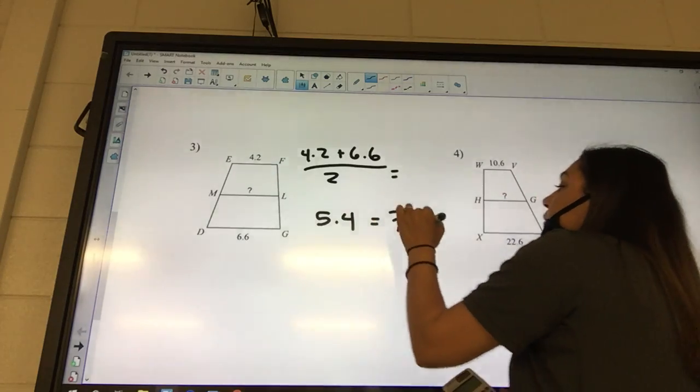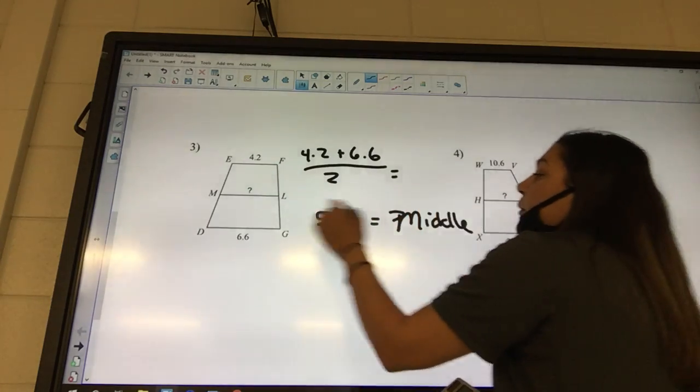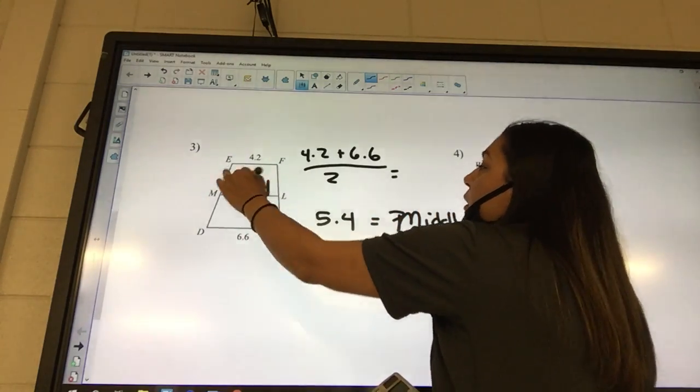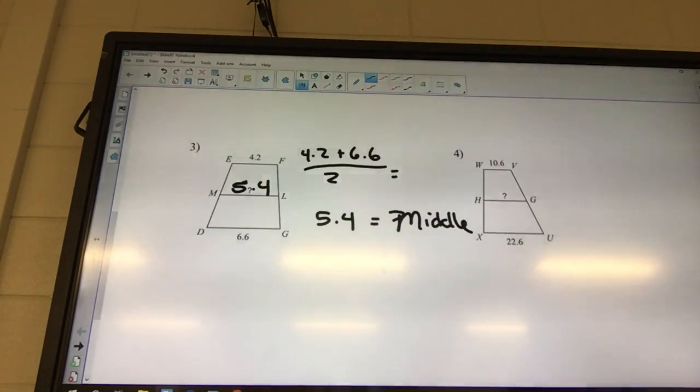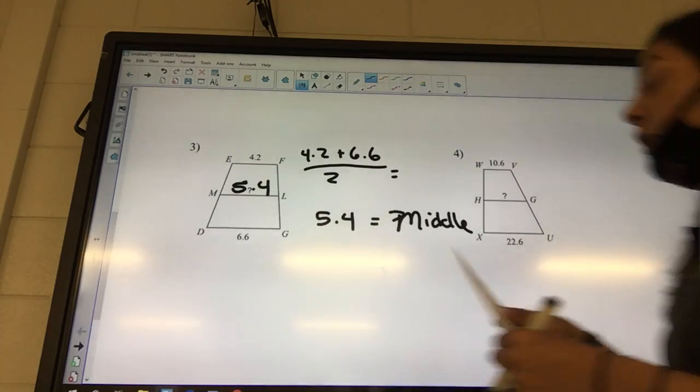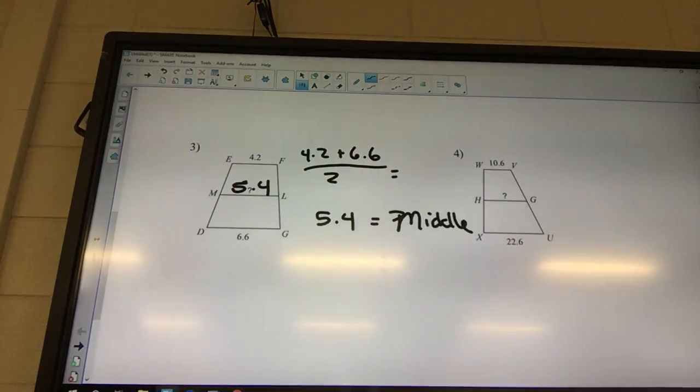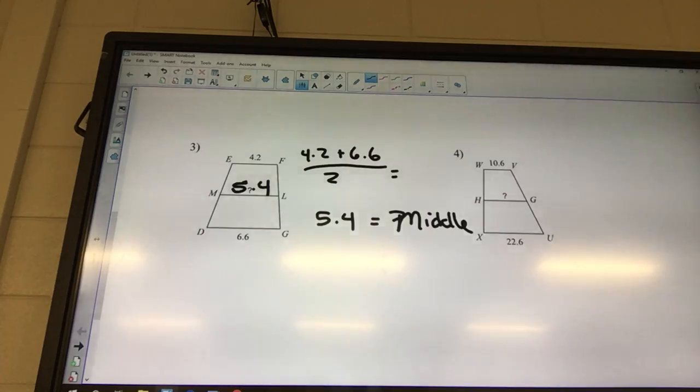So 5.4 is going to be our middle. Those are the easier ones, the ones that we did the other day whenever I wasn't here and there was the sub. So that's just a mini review.